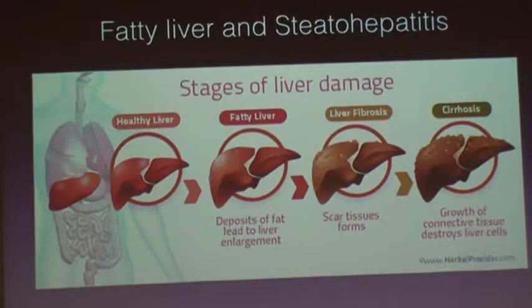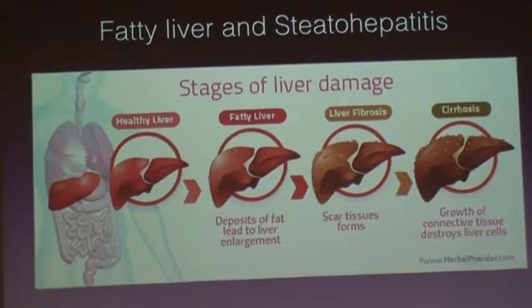Look at the liver, for example. A common entity we all have heard of is fatty liver. It's actually the number one cause of liver failure in this country. And what happens is, just like other damaging entities we've known about in the past, hepatitis or alcohol, this is no different.